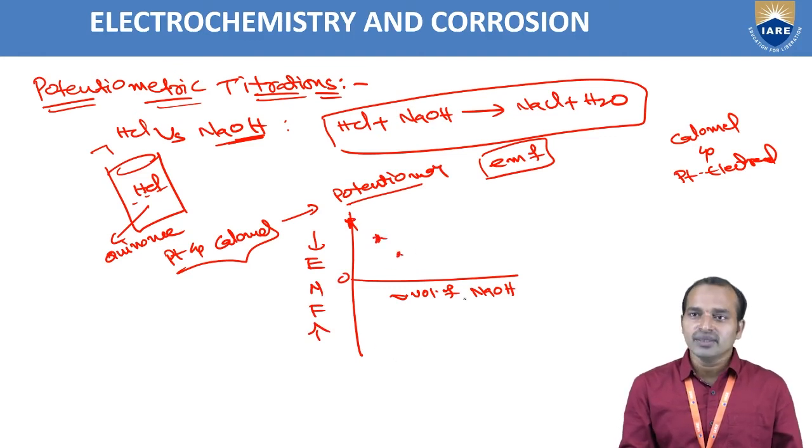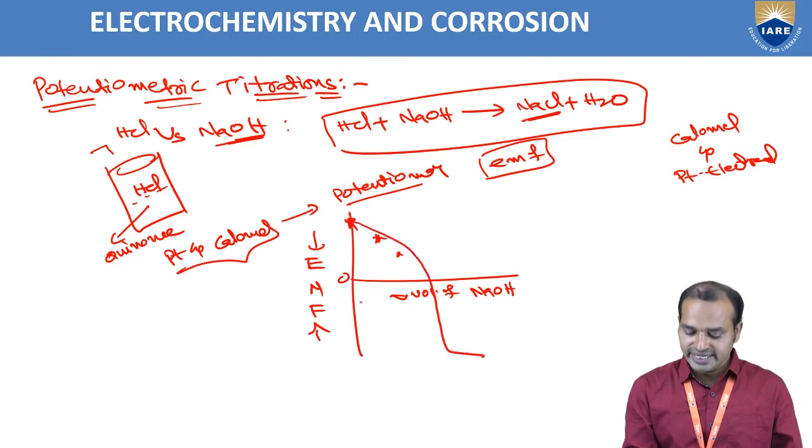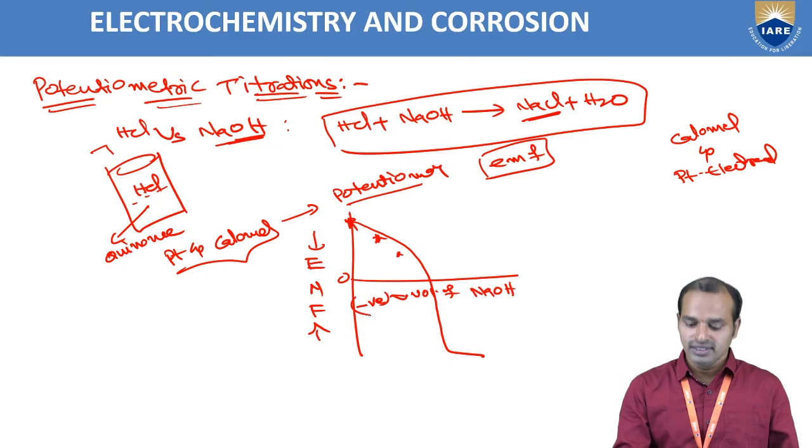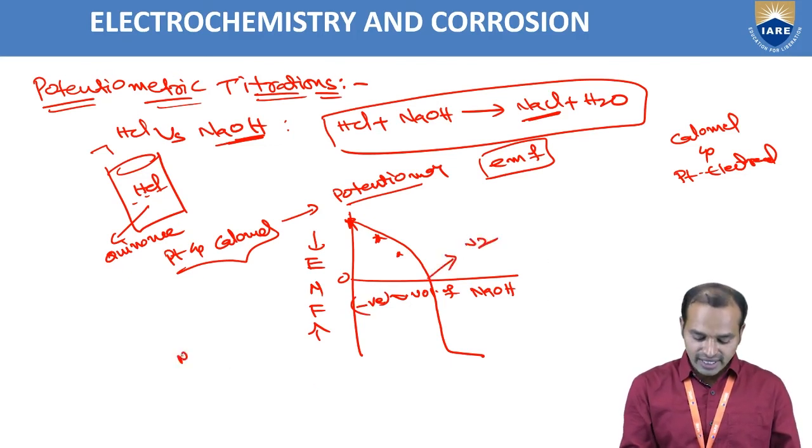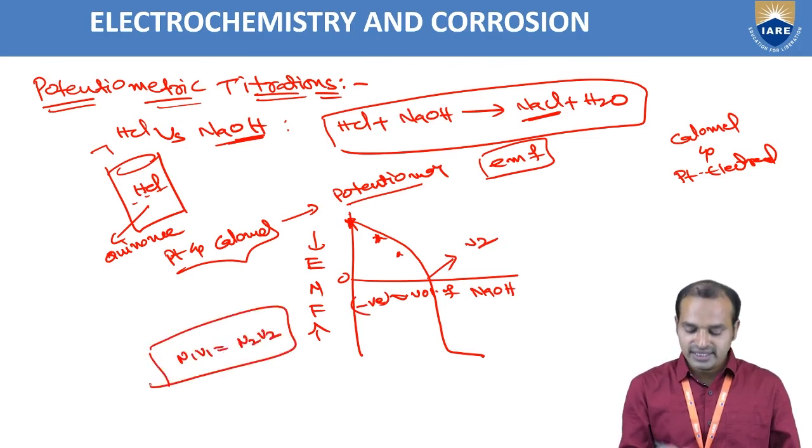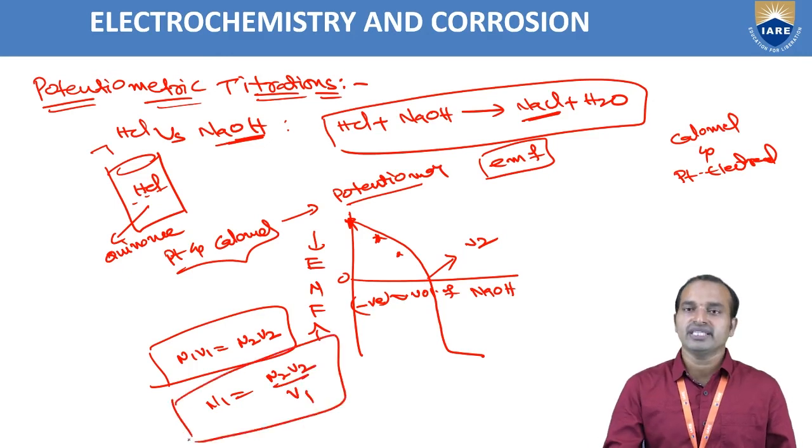When we reach the end point, the curve slowly falls down and we get negative values. This point is the equivalence point, that is V2. By using the N1V1 is equal to N2V2 formula, we get the concentration of acid, that is N1 is equal to N2V2 by V1. So this is the potentiometric titration of strong acid versus strong base. Weak acid versus strong base is also calculated like this only. So this is the potentiometric titrations.